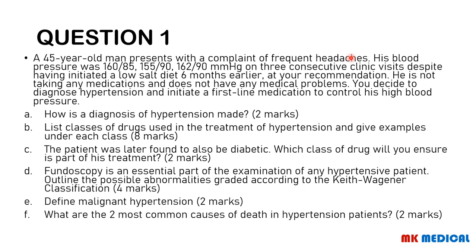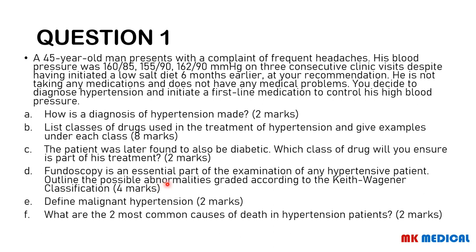Part A, how is a diagnosis of hypertension made? B, list classes of drugs used in the treatment of hypertension. Give examples under each class. C, the patient later found he was also diabetic. Which class of drug will you ensure is part of his treatment?